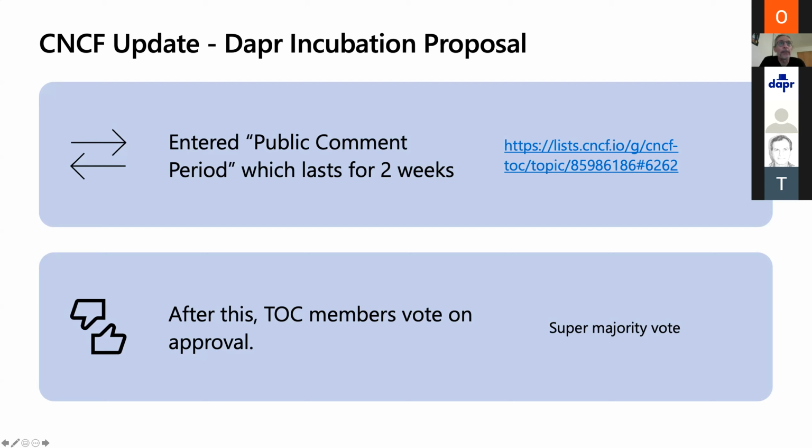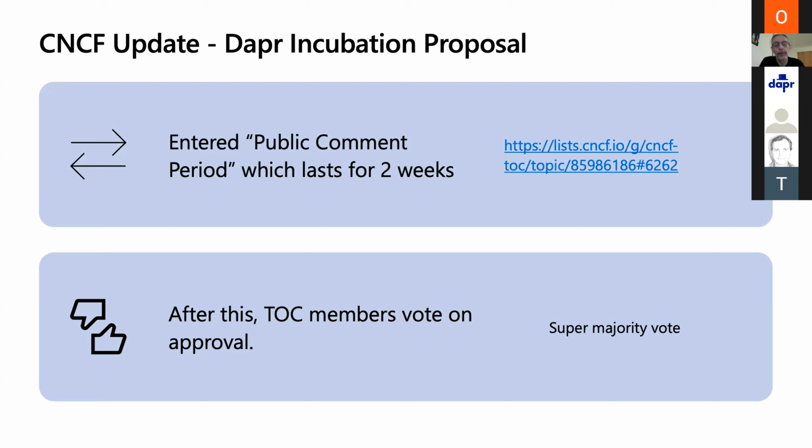The next step after that 2-week period is that the technical oversight committee, which makes the technical recommendations for CNCF itself, votes on it. If they vote a supermajority to accept Dapr as an incubation project, then it officially gets accepted, and we start to make sure that Dapr gets transferred fully into CNCF ownership, which includes the project effectively, the icons, and all that sort of thing.